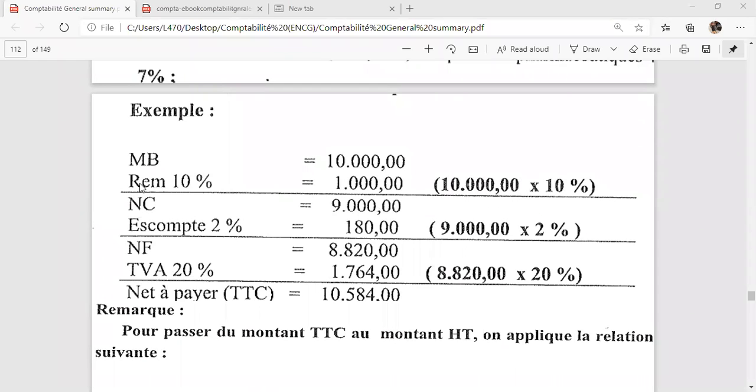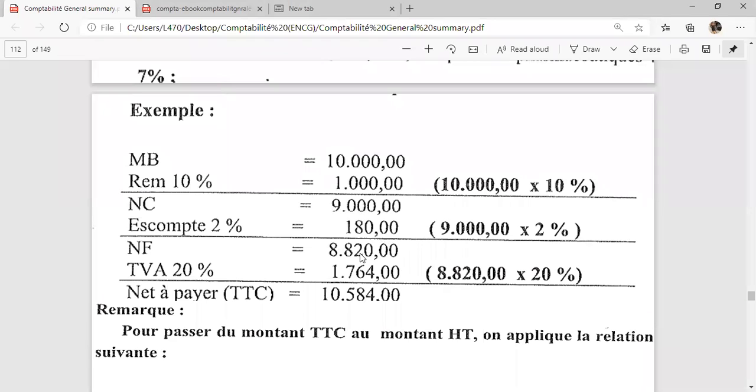The difference between the figure above and the réduction financière is going to give us net financier, NF. 2% of 9,000 is 180. And the difference between those two is 8,820.